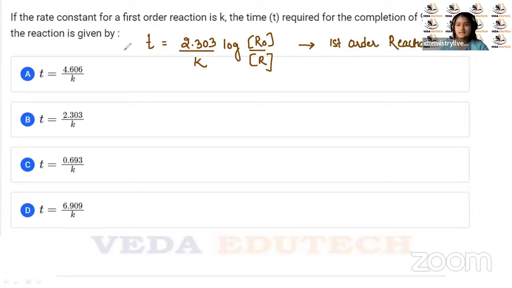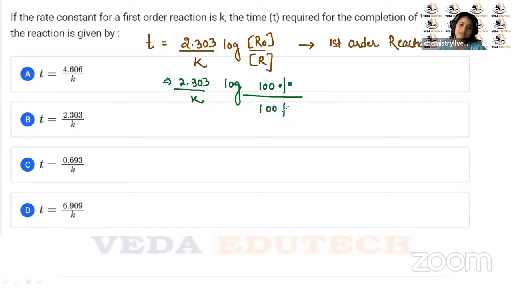Now, K is given as K here. What is R naught? Initially there was everything reactant, nothing was changed. So can I say initially it was 100%? 99% has reacted as of now, that means only 1% remaining, right?